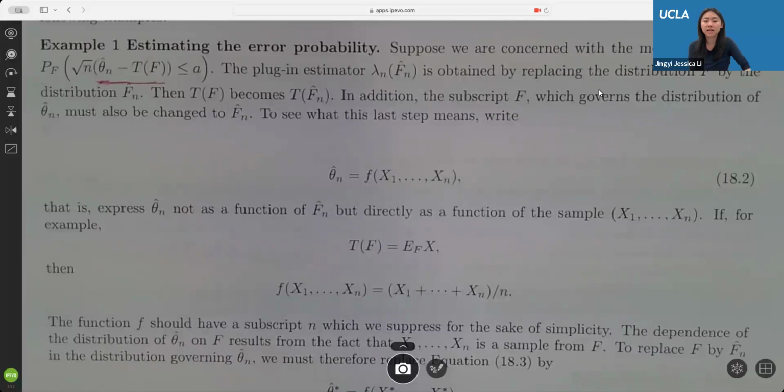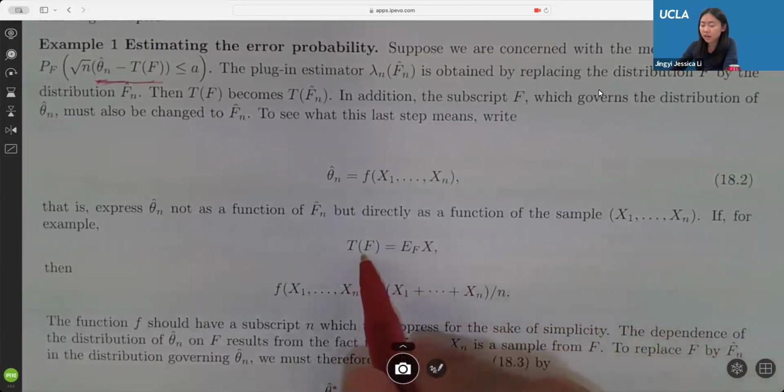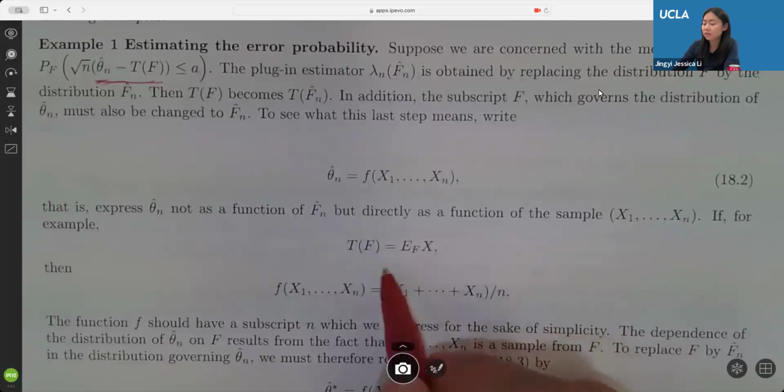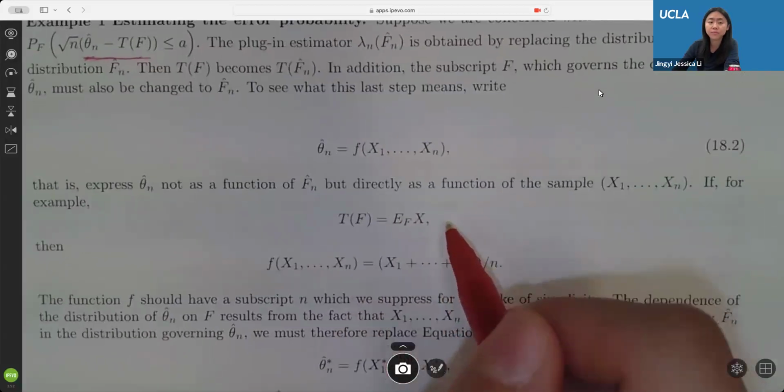To see what this last step means, write theta_n hat as f of X1 to Xn, because every estimator is a function of your sample. That is, express theta_n hat not as a function of F_n hat, but directly as a function of the sample, X1 to Xn. If, for example, this is our parameter, T(F) is the expectation of X under F, so this is just the mean of the F distribution.